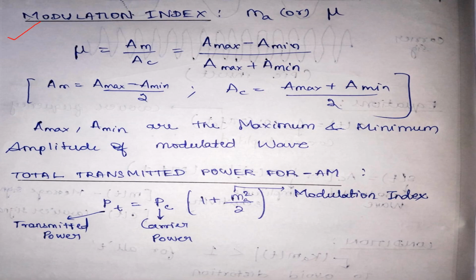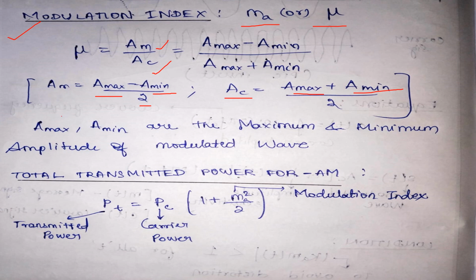The modulation index of AM modulated wave is denoted by MA or mu, which is nothing but the ratio of amplitude of the message signal to the amplitude of the carrier signal. And amplitude of the message signal is given by A max minus A min divided by 2, and amplitude of the carrier is given by A max plus A min divided by 2.